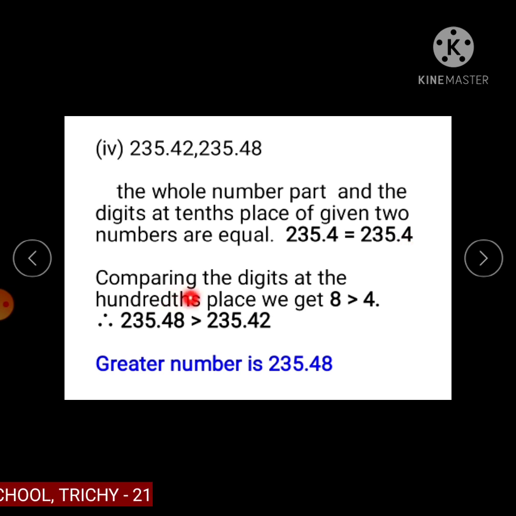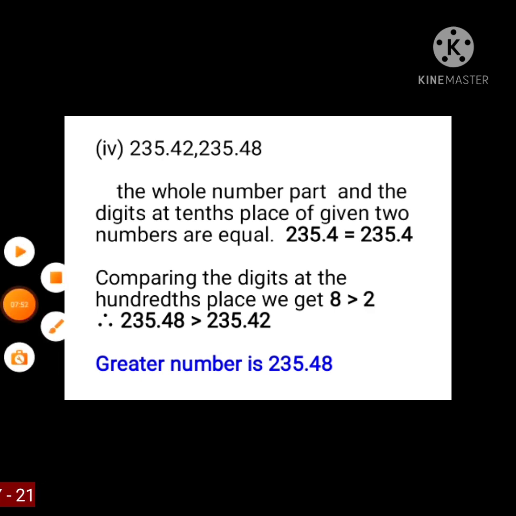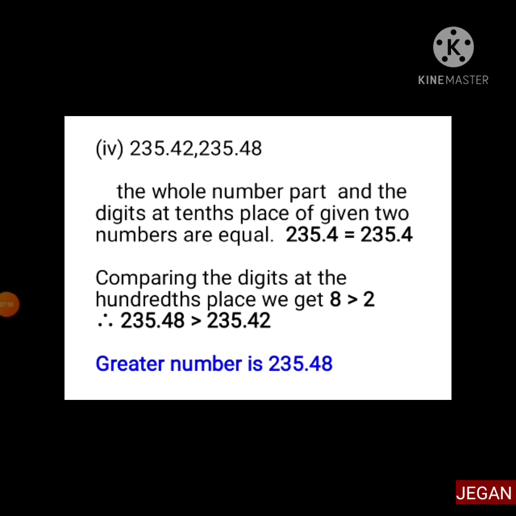Next we compare the digits at the hundredths place, and we get 8 is greater than 2. Therefore, 235.48 is greater than 235.42. The greater number is 235.48.